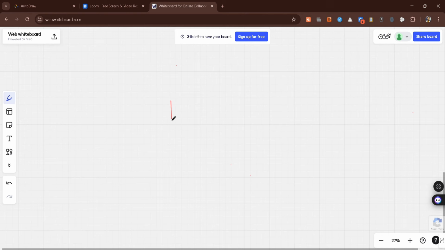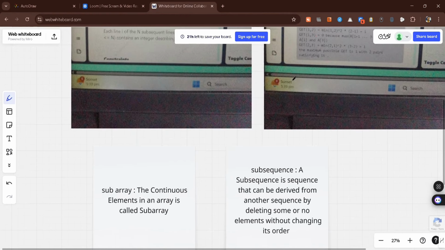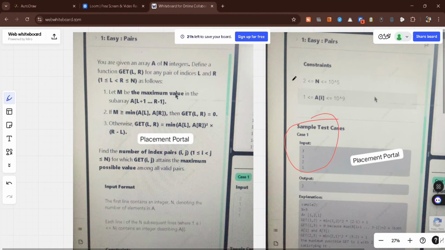So A is equal to 1, 2, 1. Okay, this is our array. The question itself says pairs.